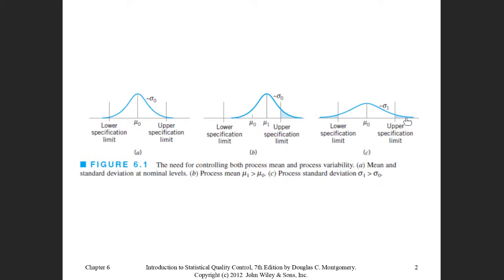We will have more parts or more service transactions beyond the specification limits. As you see also, the bell shape is spread out and relaxed. As it gets much narrower, it means that the products or the transactions are meeting the specification.